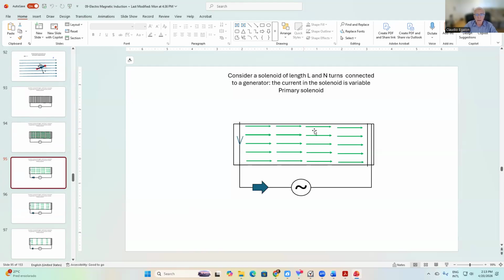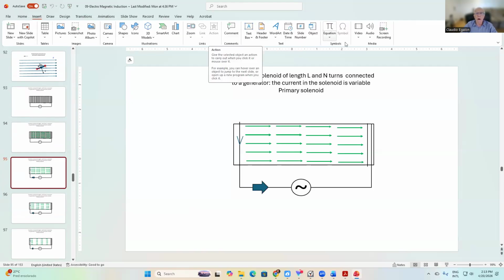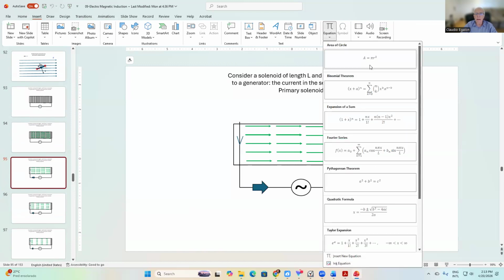Here you go. Delta B at this point in time is maximum current. It's a solenoid current. At this very moment in time, I can write that down for you. Let's get this equation here.